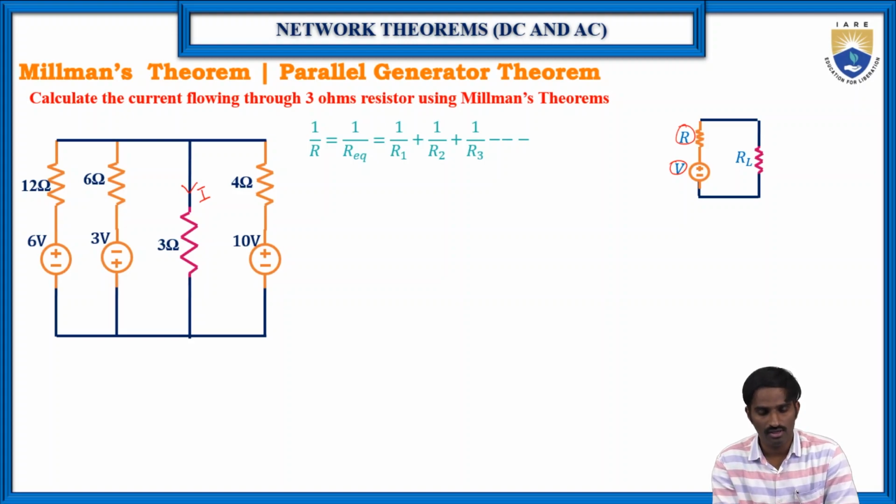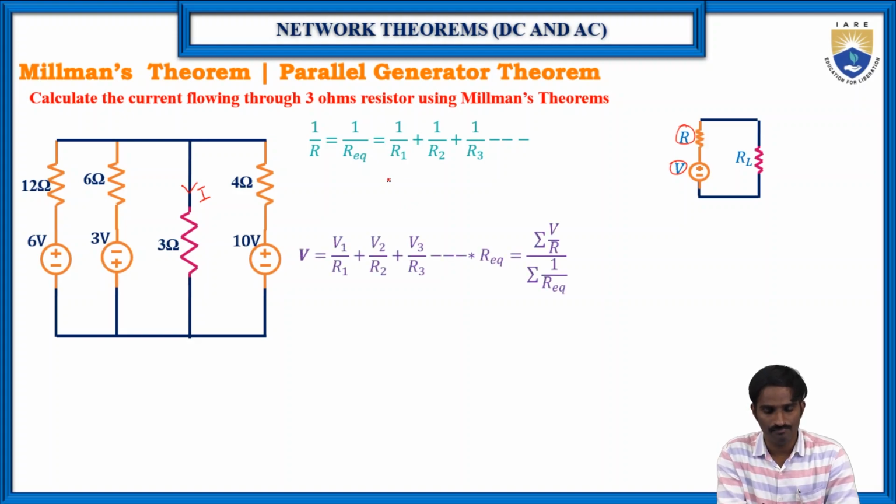Here 1 by R, which is 1 by R equivalent, is equal to 1 by R1 plus 1 by R2 plus 1 by R3, and so on. Let us consider R1 is equal to 12 ohms, R2 is equal to 6 ohms and R3 is equal to 4 ohms. Then substitute these values in this equation. V is equal to, as we have just discussed, V1 by R1 plus V2 by R2 plus V3 by R3, into R equivalent, right?